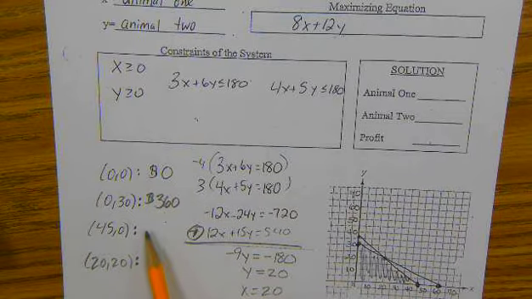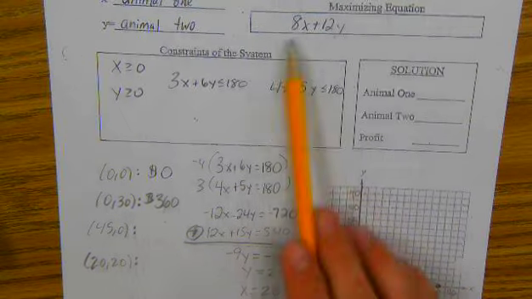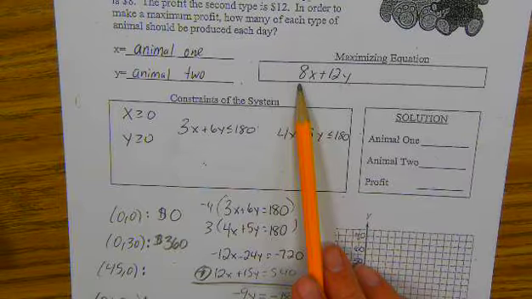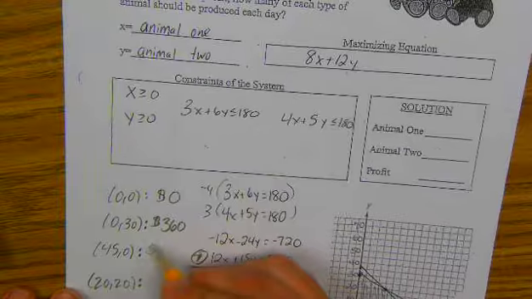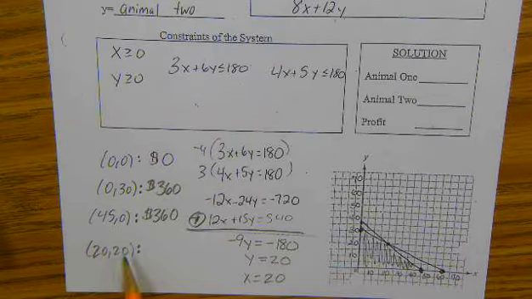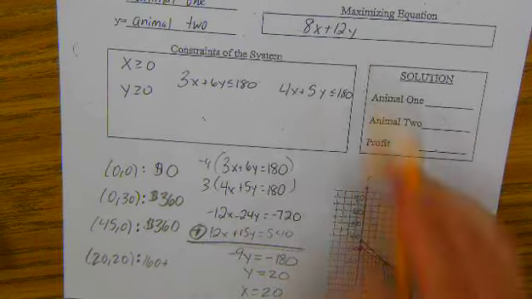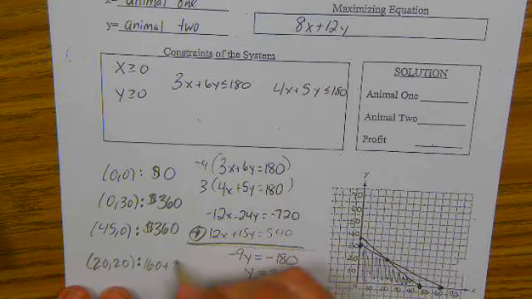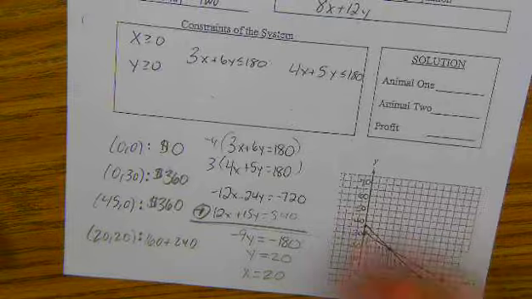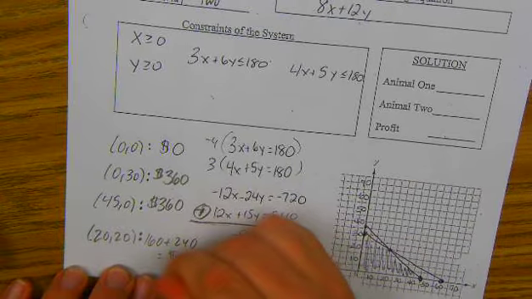If they produce only animal 1, 45 times 8 is also 360. But if they do 20 of each, that'd be 8 times 20, 160, plus 12 times 20, 240. Add those together, and it's $400.